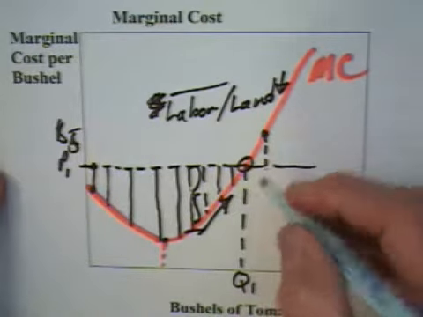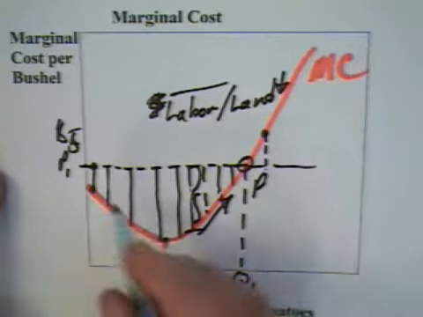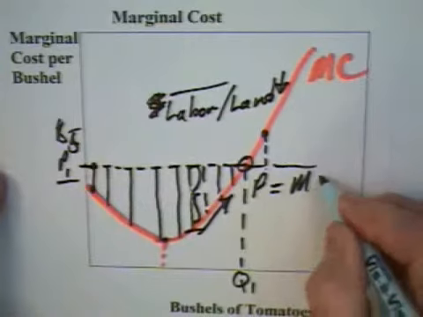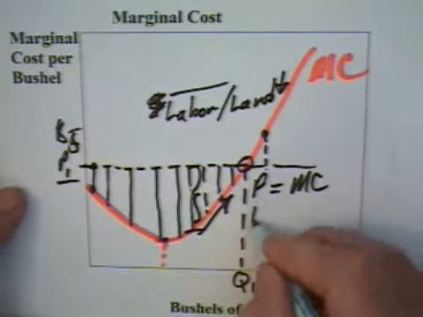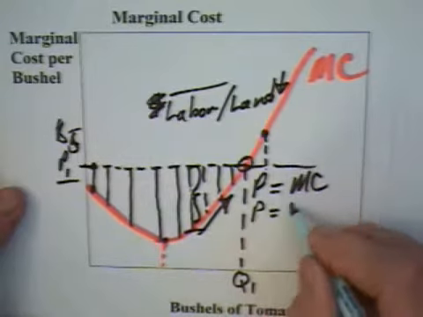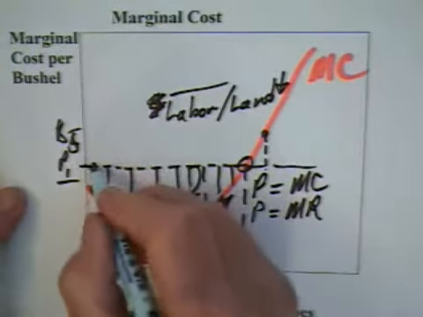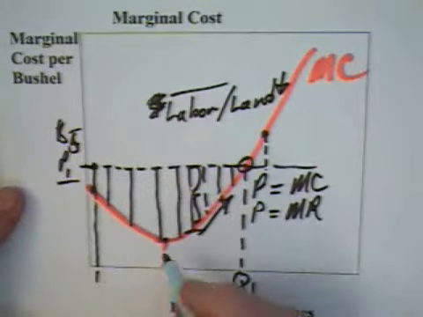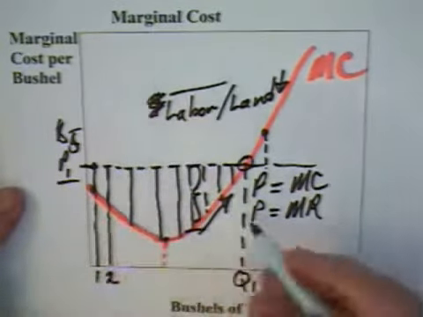So the moral of this story is that a firm that can sell as many units as it wishes at a price of P1 should produce where price is equal to marginal cost. In this case, price is also equal to marginal revenue. That is, the additional revenue from selling this first unit is going to be $5. The additional revenue from selling the second unit is going to be $5.